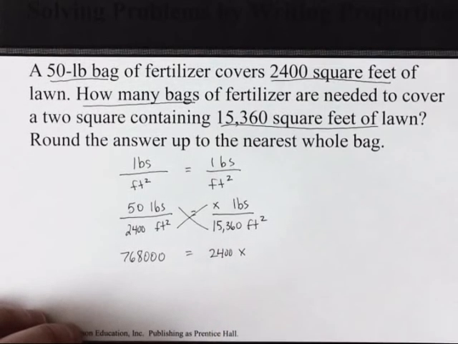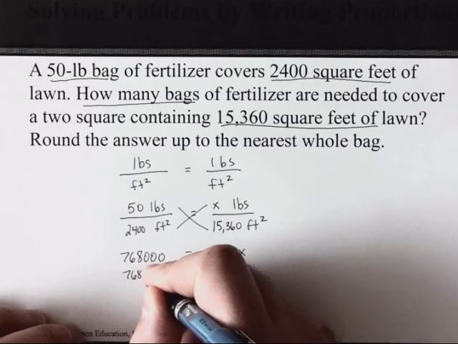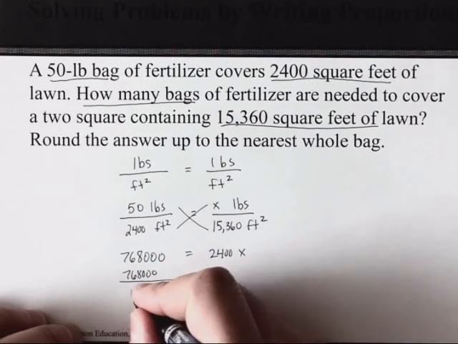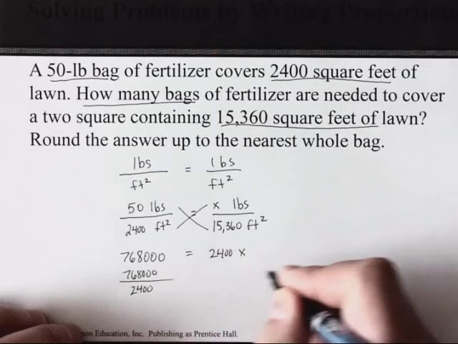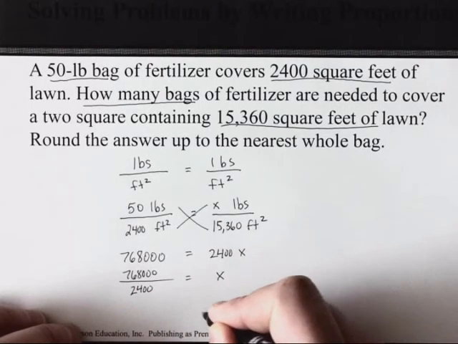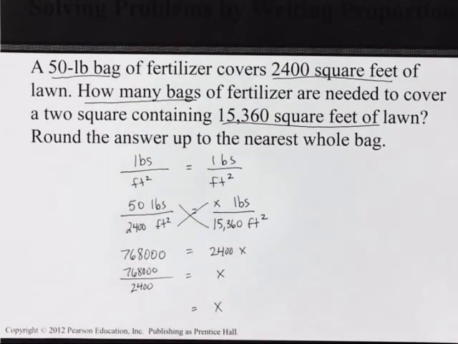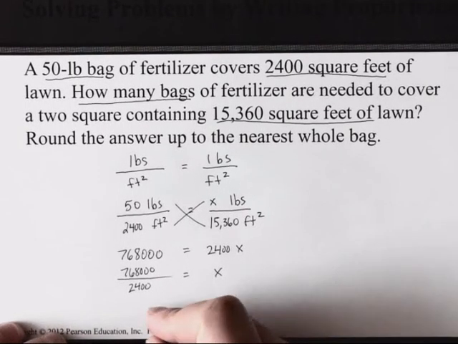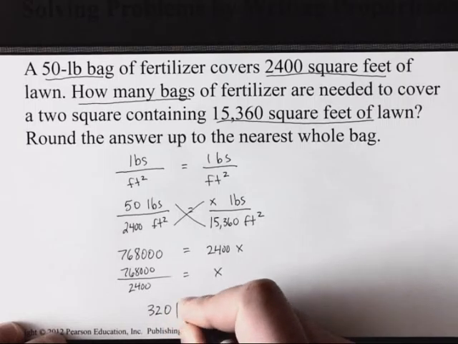That equals 2,400 times X. Divide 768,000 by 2,400 to get X. So I get 320 pounds.